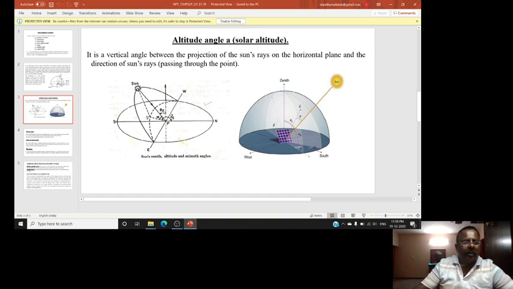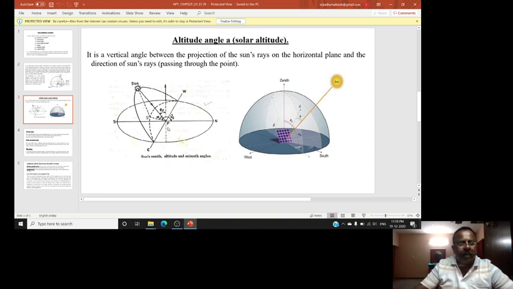So the zenith angle is between the sun rays and the vertical line which is extended from the horizontal surface, at the point where the east-west and north-south axes intersect. This is the extended line from the zenith.